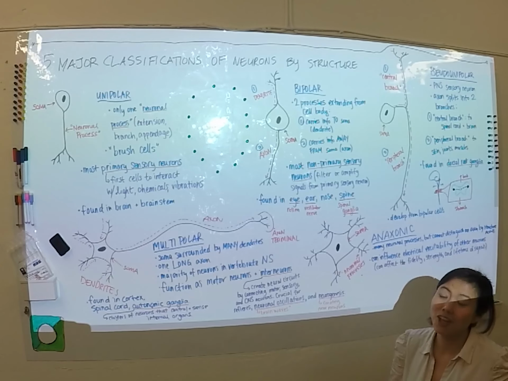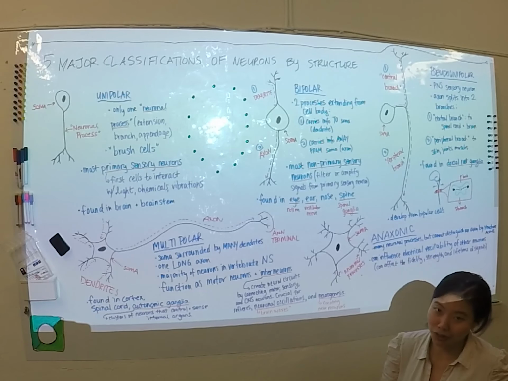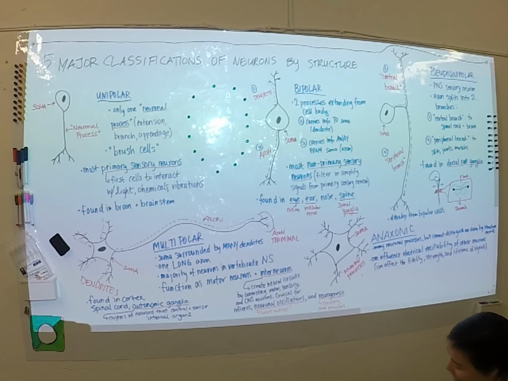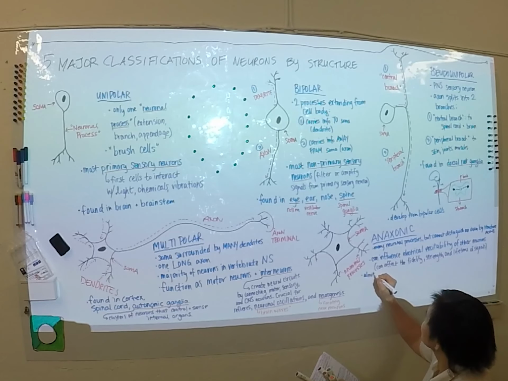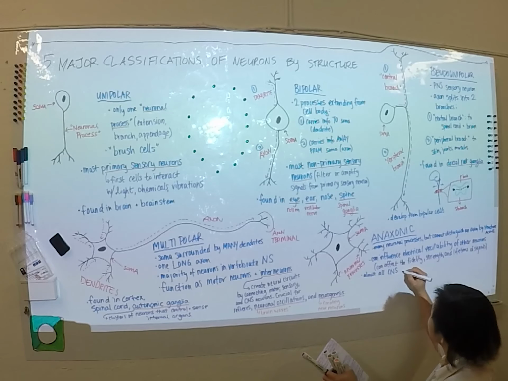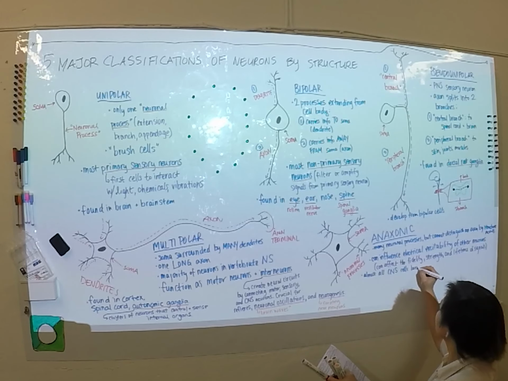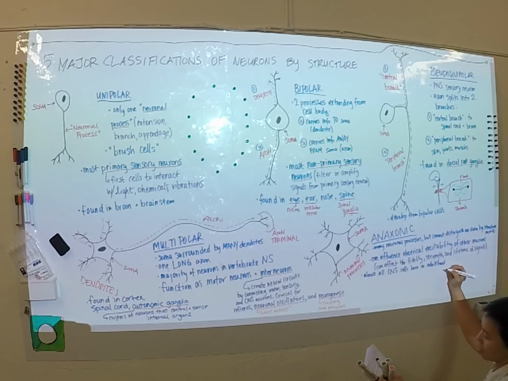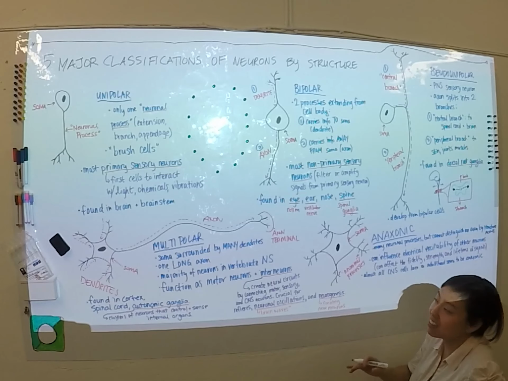It's a very cool study where they discovered that actually mammals can grow new neurons in their central nervous system when they are adults, okay? So almost all central nervous system cells born in adulthood seem to be anaxonic.